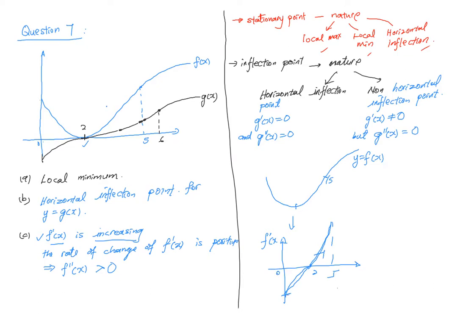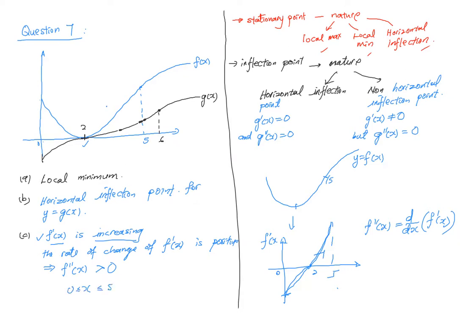That is the reason why I put f double prime is greater than 0, because f double prime x is the rate of change of f prime x. So you have to remember that, and read the question carefully. That's why I give the answer x is between 0 and 5.